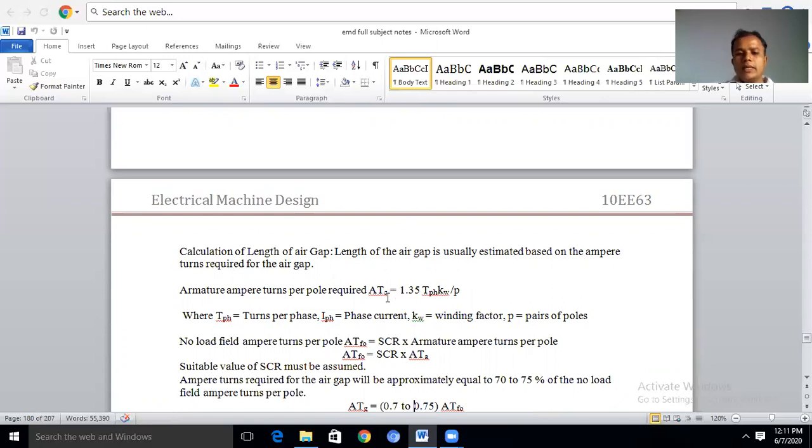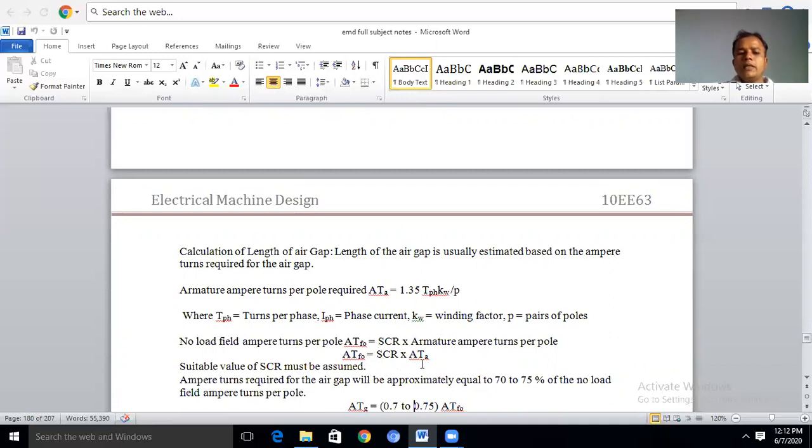It is given by ATa = 1.35 T phase I phase kW divided by P, where T phase is turns per phase, I phase is phase current, kW is the winding factor, and P is the pair of poles. Again, the no load field ampere turns per pole, AT F naught, will be SCR into armature ampere turns per pole.